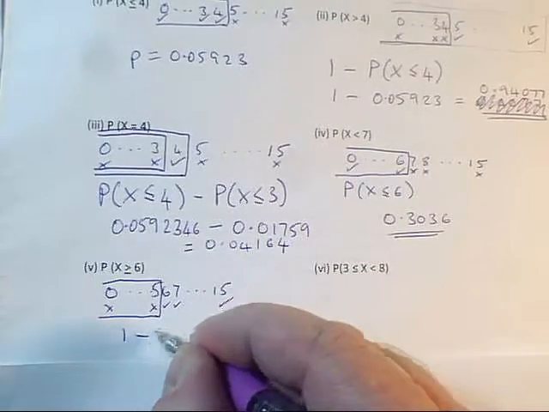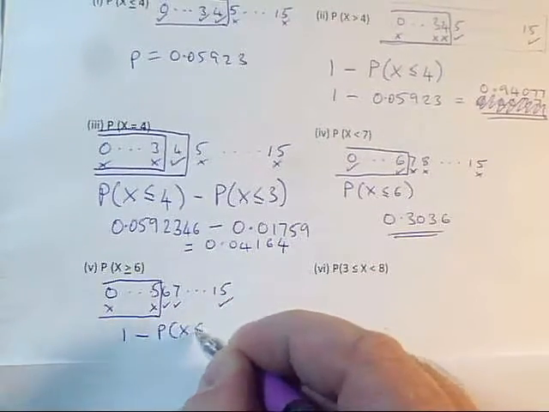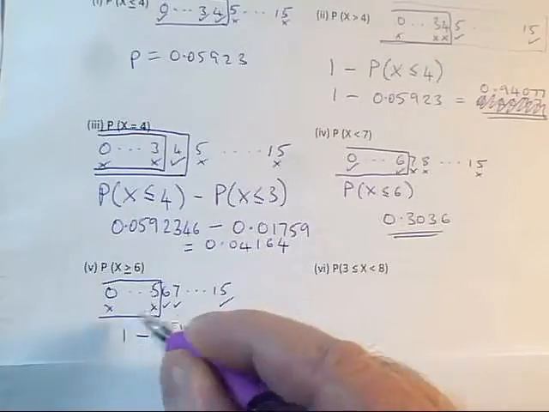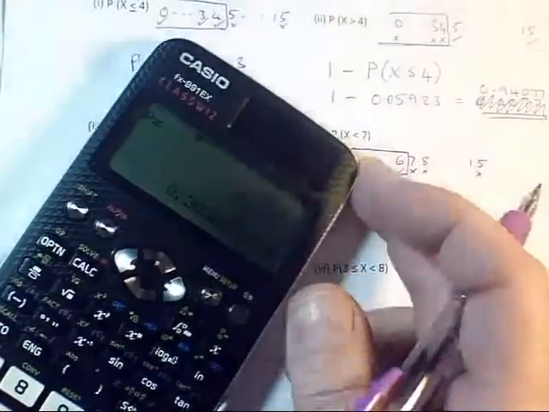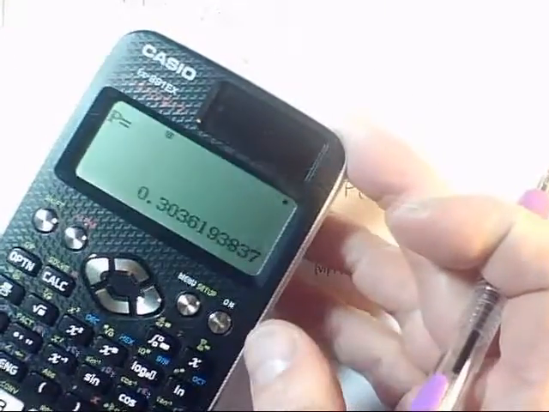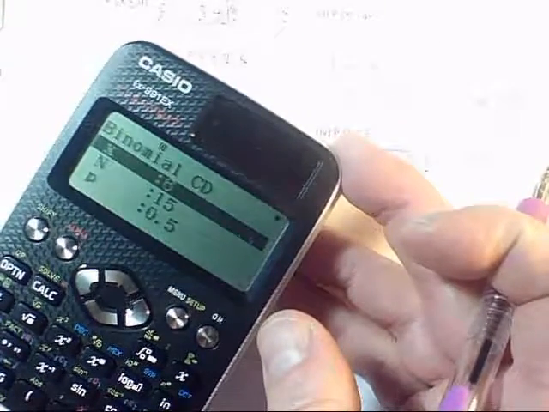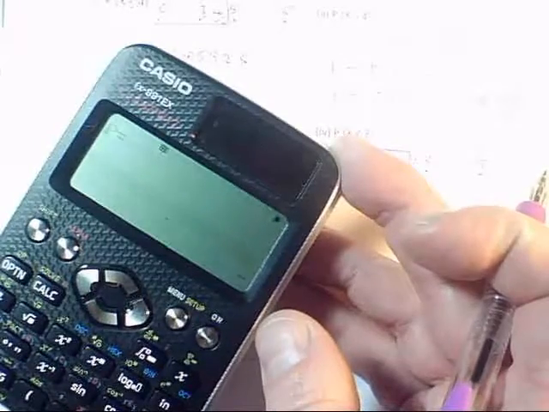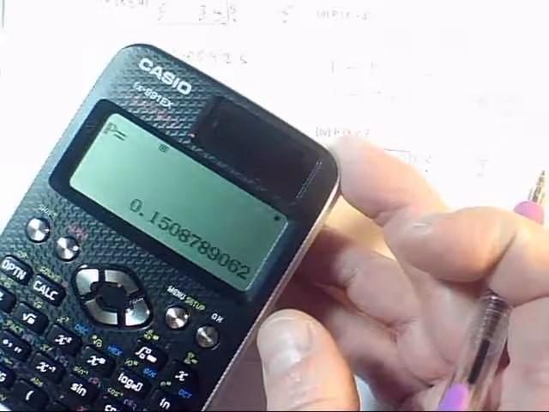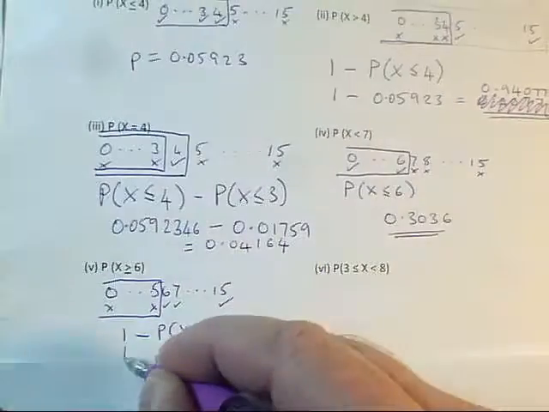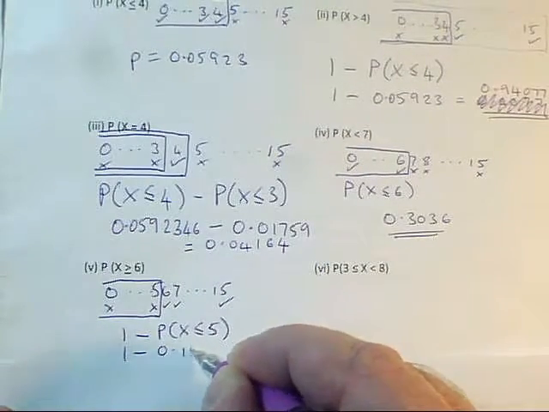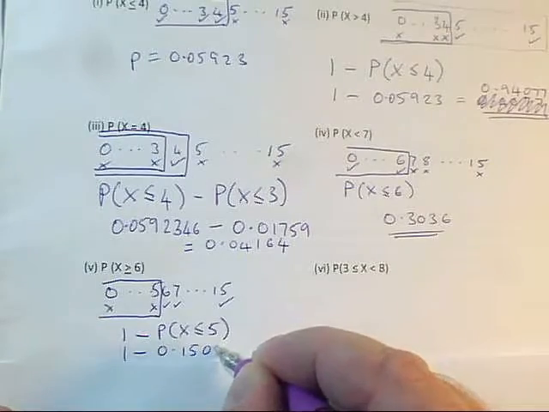I'm just going to do 1 minus the probability of x being less than or equal to 5, getting rid of the values I don't want. So I need a fresh value of x to go up to. So I'm going to need to put x equals 5 in, and my calculator will tell me p is 0.05087. So I need to do 1 minus 0.1508.